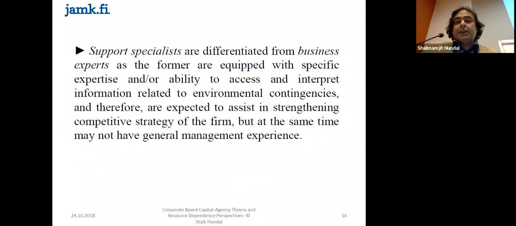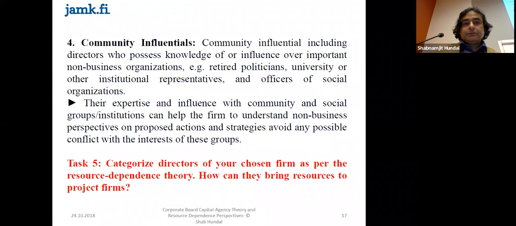And then the third category of people you have is called community influentials. After all, your factory, your operations would be located somewhere, and you want to win the confidence or favor of the local people.